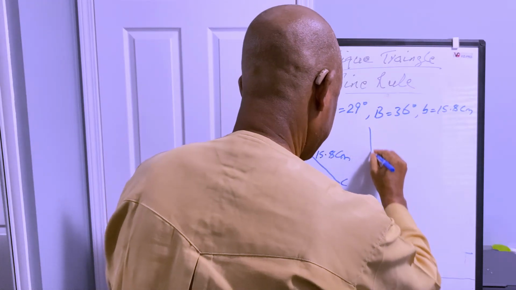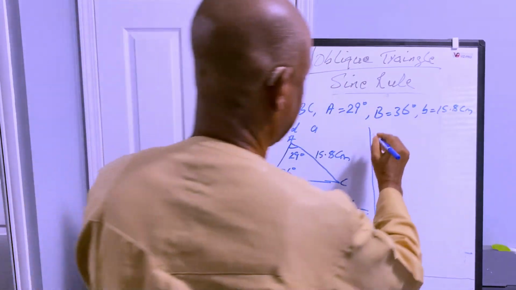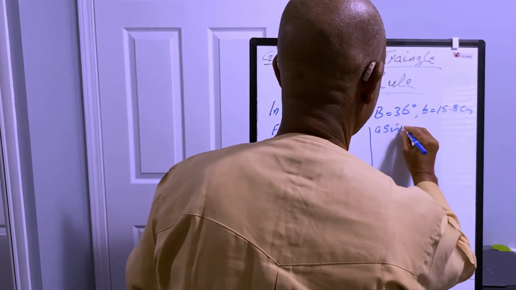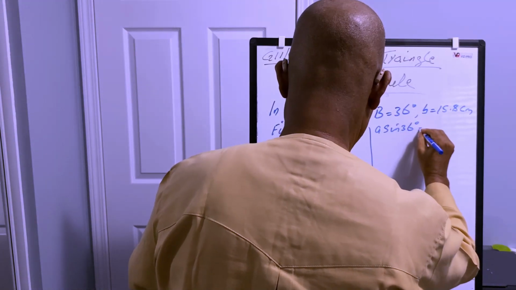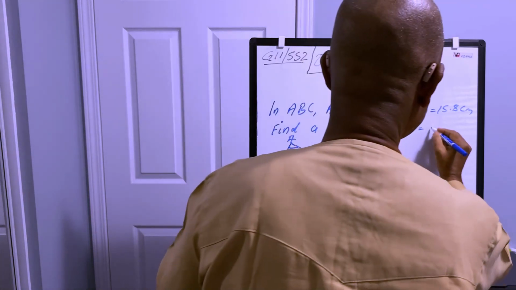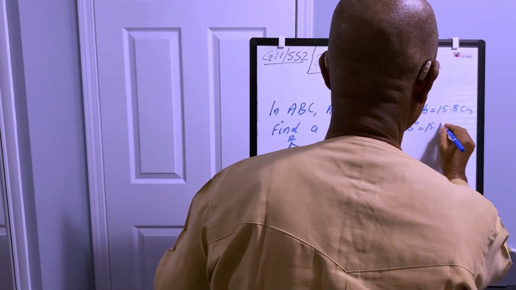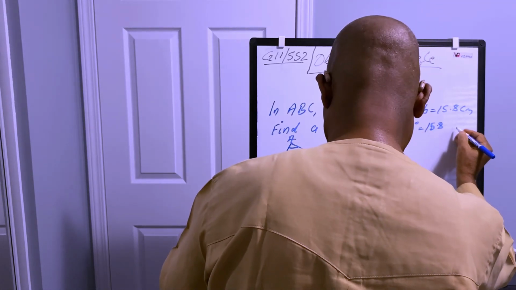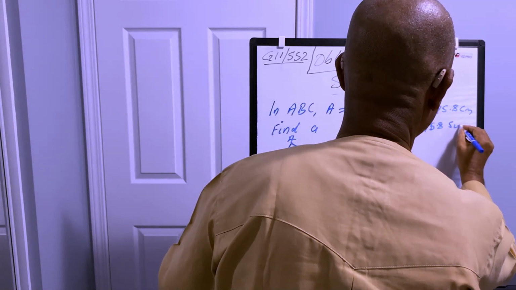We cross multiply, we have a sine 36 equals 15.8 sine 29 degrees.